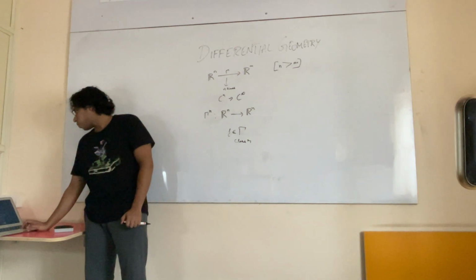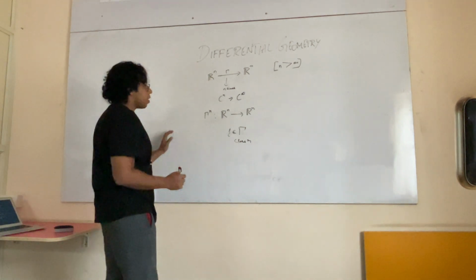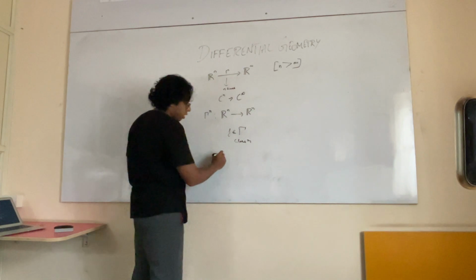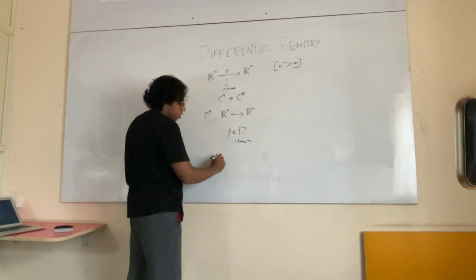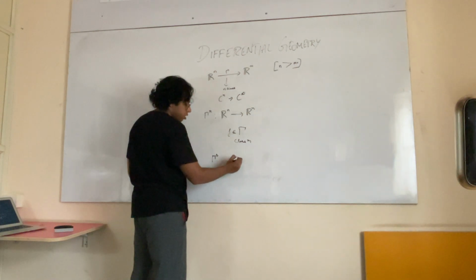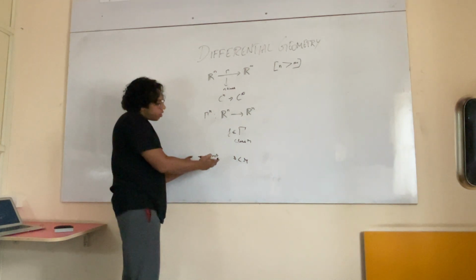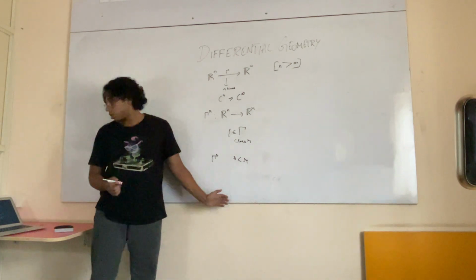Now, if you have a function that is of class S, gamma S, such that S is less than R, then gamma S is a subclass of gamma.